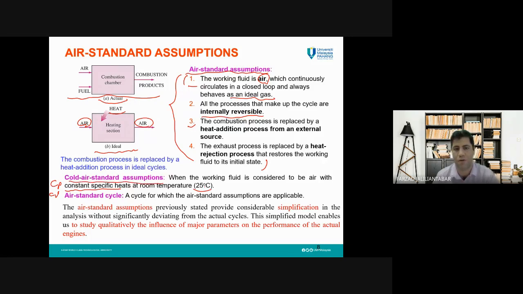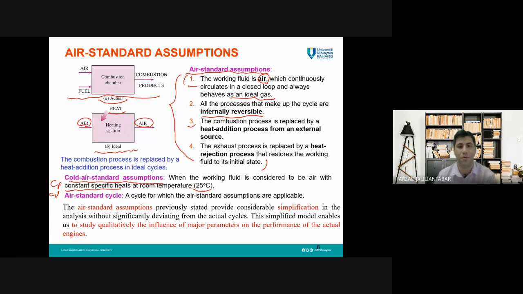You can see why we call that cold: we assume that the specific heat of the air is constant and equal to the specific heat of air at 25 degrees Celsius. However, in the combustion chamber, the temperature of the air as our working fluid is, based on our assumption, much higher than 25 degrees Celsius. But according to this cold air standard assumption, we can have that.